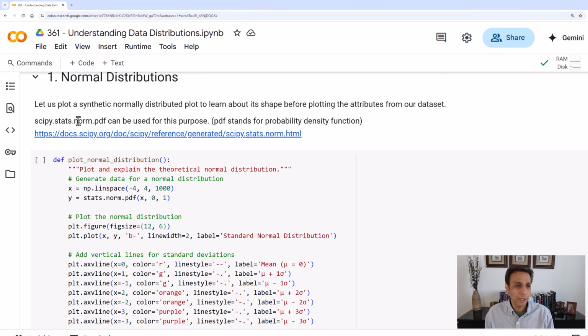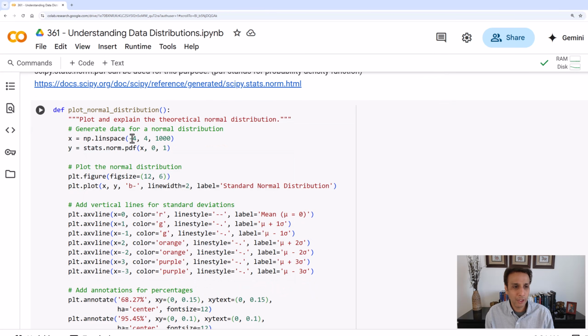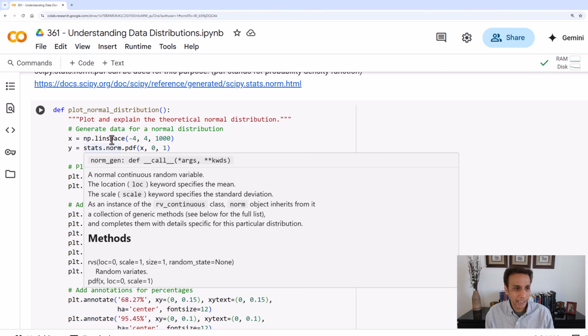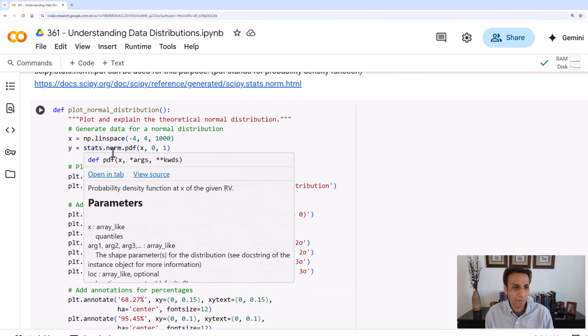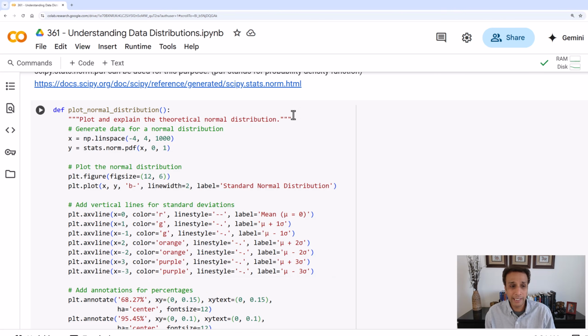So we are basically plotting a normal distribution, and I'm just generating 1,000 x values between -4 to 4, and my y value is nothing but applying norm.pdf, the normalized probability density function, on this x data. That's pretty much it.